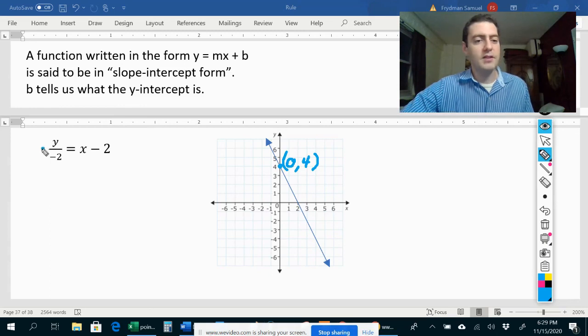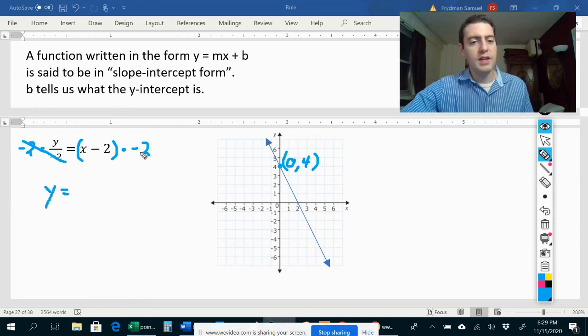If I multiply this side by -2 and do the same thing on the other side, multiply this by -2, that cancels. I get y equals -2 times x would give me -2x. And this -2, which I can think of as plus -2, times -2 would give me a +4. So I could put a +4 here.